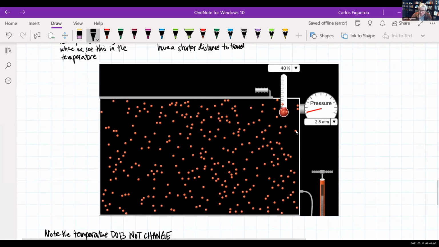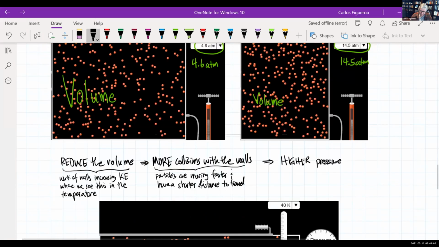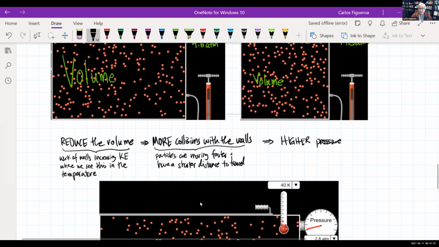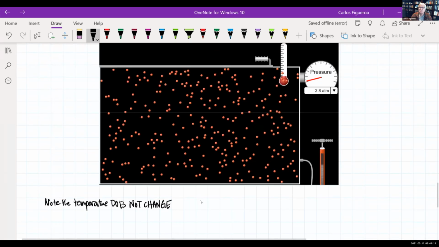Right? Look at this. 40K, 40K. Even though the volume is bigger, there's the same kinetic energy in the gases. So that means they're moving the same speed. So this implies that the gas particles are moving with the same speed.